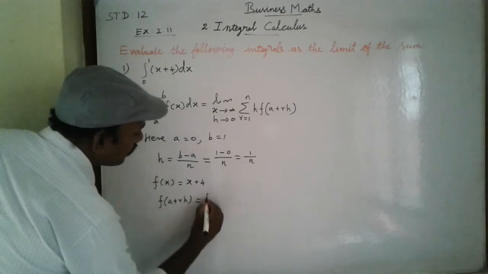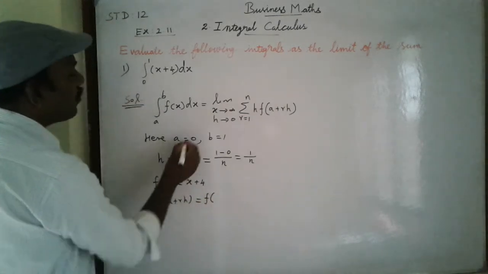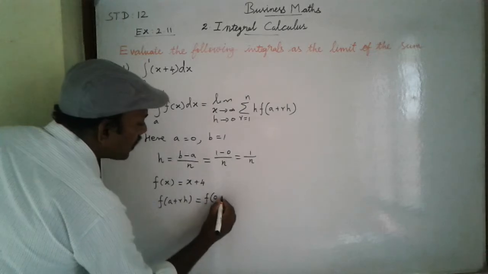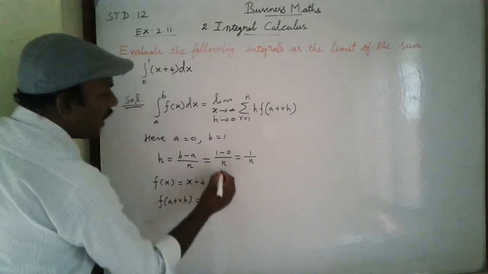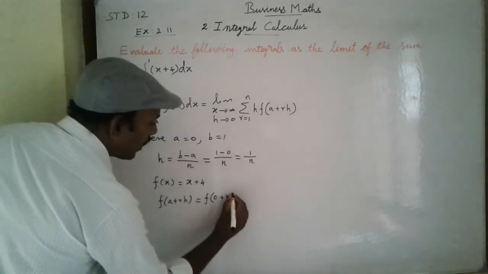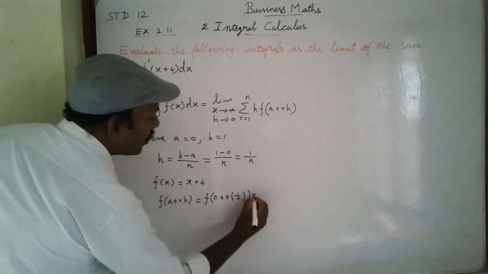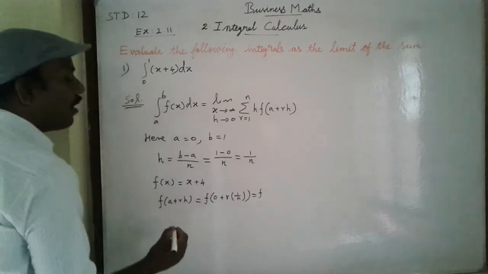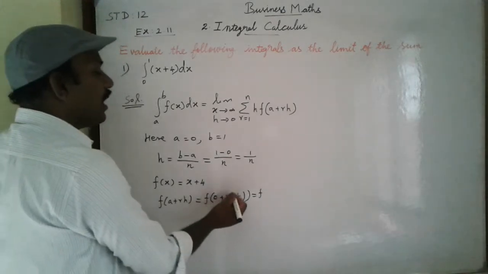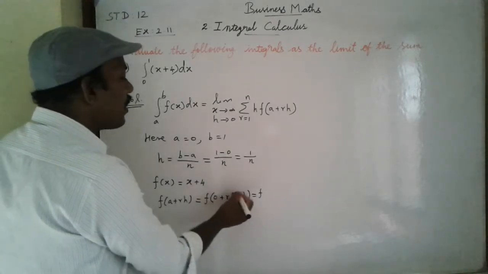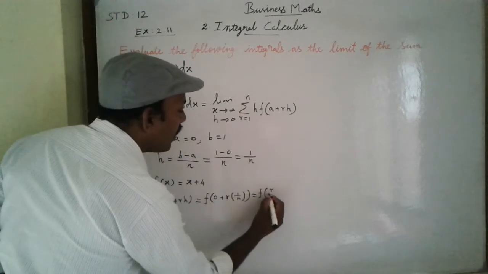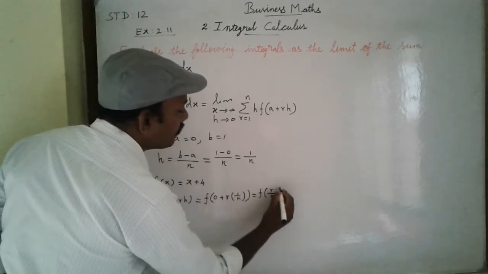f of a plus rh equals f of 0 plus r into h, and we know h is 1 by n. That equals f of 0 plus r into 1 by n, which is r divided by n.